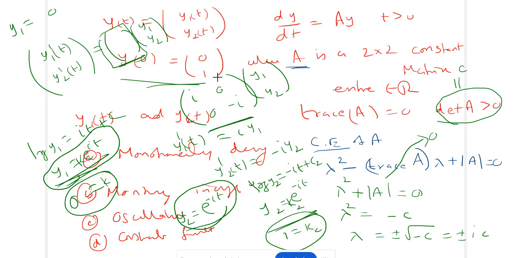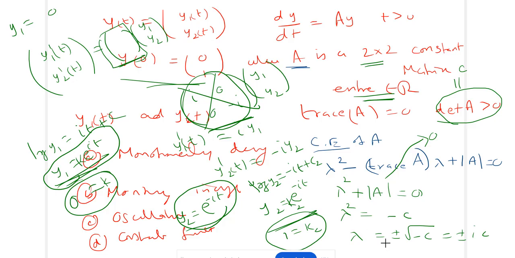This is a wrong choice. A is a 2 by 2 constant matrix with real number entries, so it cannot be like this. We want to choose the matrix differently.